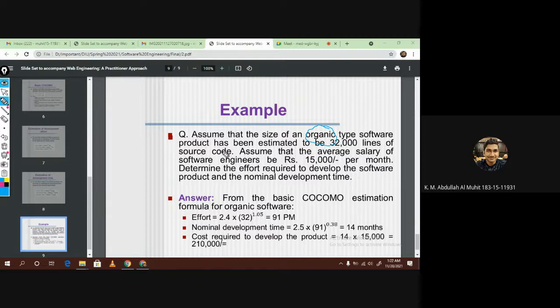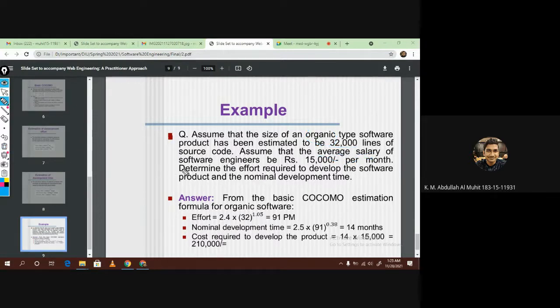It can be said in some other way, and then you have to find out which type it is. But in this question, it's already said that it's organic. Assume that the average salary of the software engineers is rupees 15,000 per month. Sometimes the average salary would not be given; there might be 3 or 4 people and their salaries, like 10,000 and 20,000, and then you need to find the average salary. But here the average salary is already given, so it's quite easy.